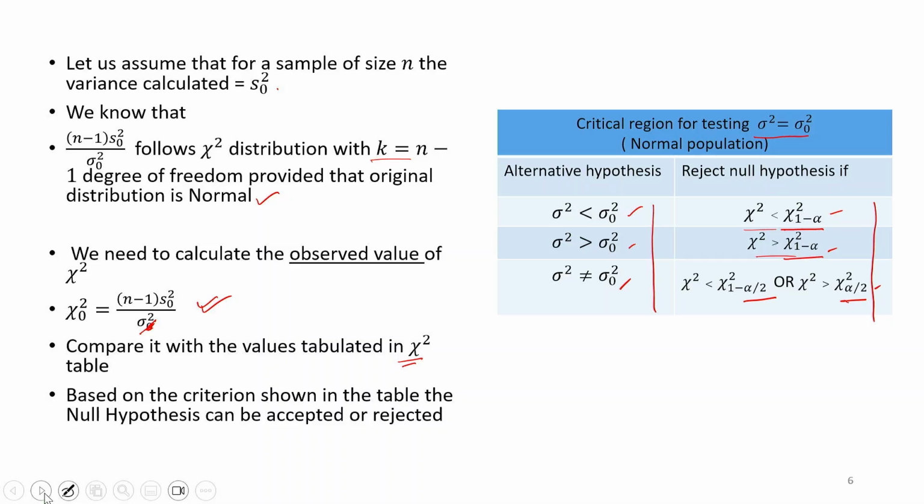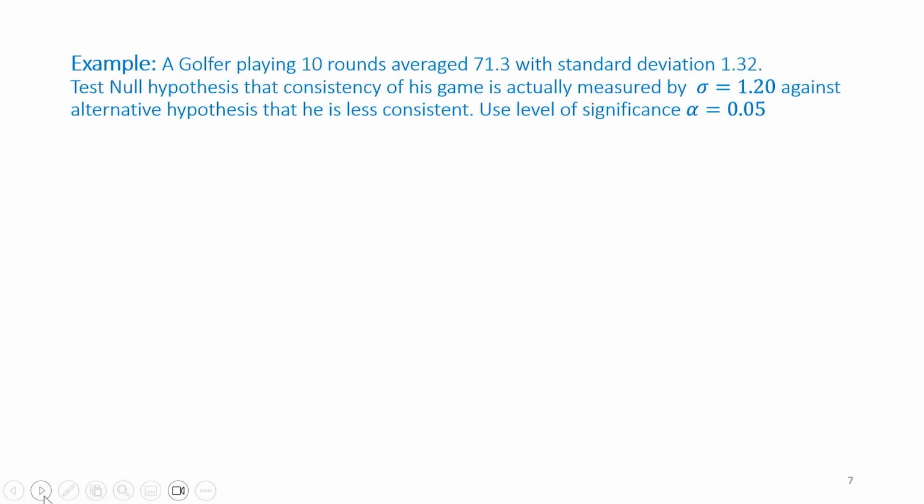Now, if we do the calculations based on an example, it will be much clearer, and the process steps are mostly the same. Let us say a golfer is playing 10 rounds with an average of 71.3 and standard deviation 1.32. Test the null hypothesis that the consistency of his game is actually measured by sigma 1.20 against the alternative hypothesis that he is less consistent.